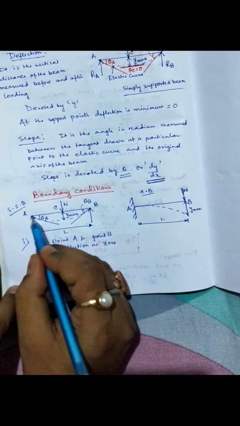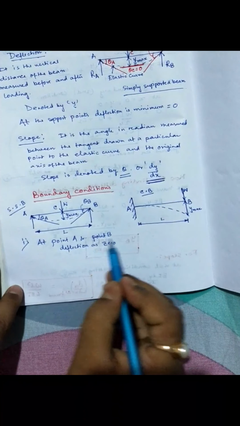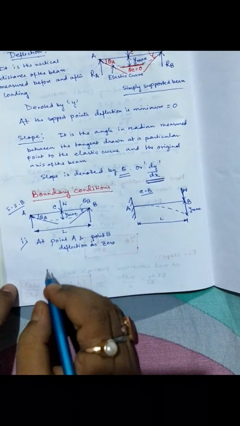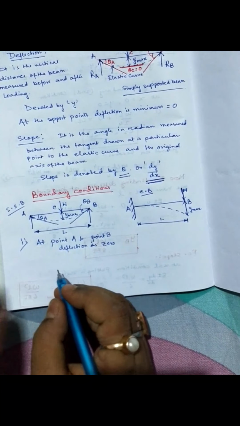So at both these points, point A and point B, deflection is 0.